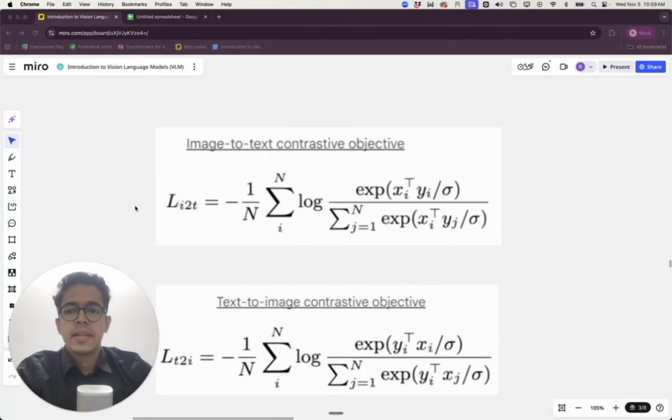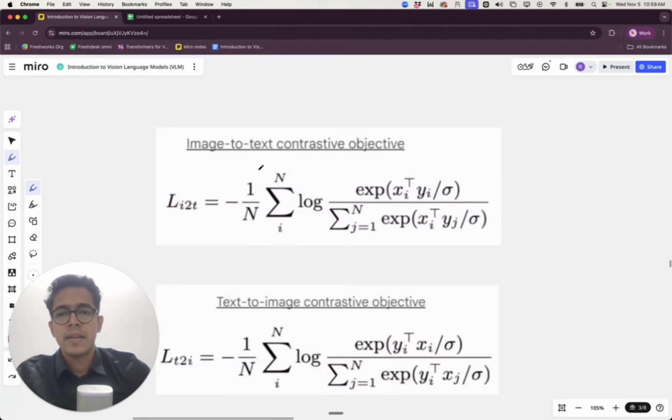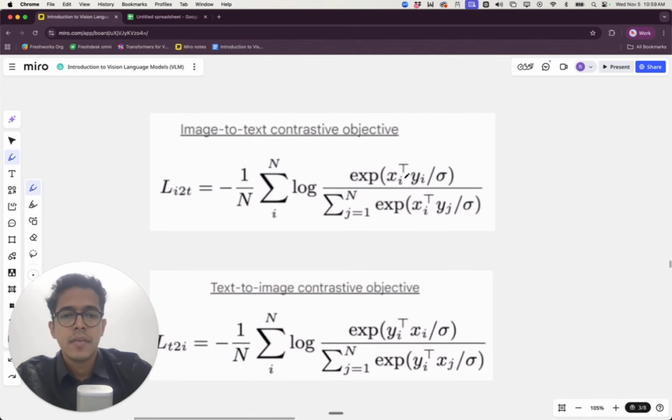So this equation very nicely summarizes the two contrastive losses that we just discussed. One is the image to text contrastive objective, where xi is the image and yi is the text embedding. Then sigma is the equivalent of temperature, which we saw earlier as tau. Now let's see this equation.